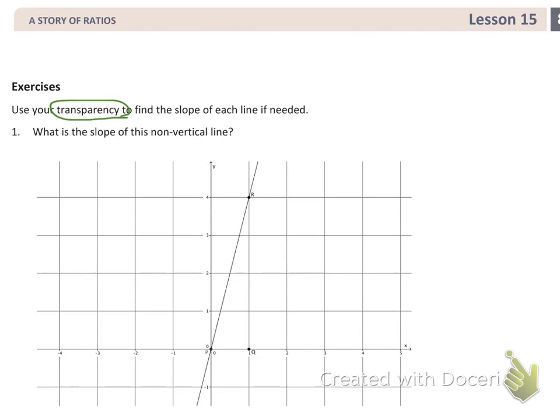If you can mentally move these over and determine what the slope is, then you could do it that way. So exercises 1 and 2 just ask you to find the slope. 3 asks you to compare the slopes in exercises 1 and 2. And then 4 and 5 look again at slopes. Okay, so go ahead and pause the video, work on that, and then come back and we'll discuss them.